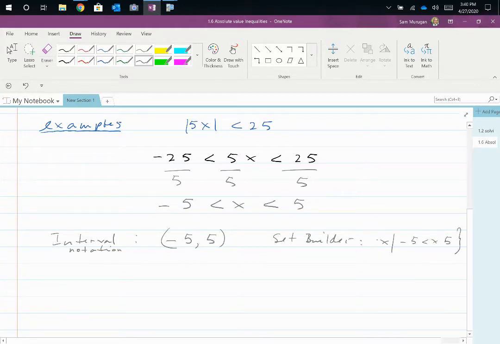And make sure you put it in the set notation. You can also show this on a number line that goes from negative infinity to positive infinity. Identify the points negative 5, positive 5, and use parentheses to show that all of the numbers between negative and positive 5 are the solution to this problem. So this is the graphical notation for the answer.